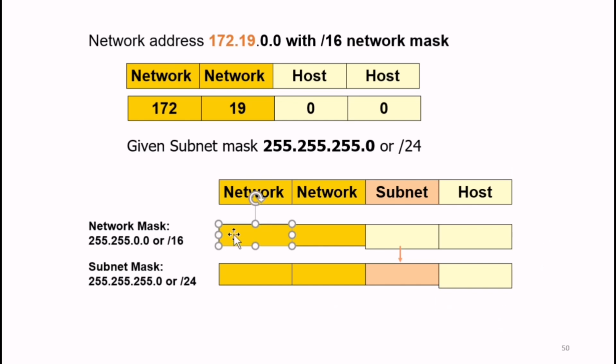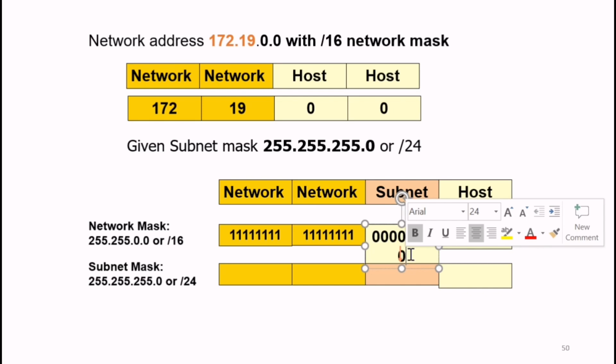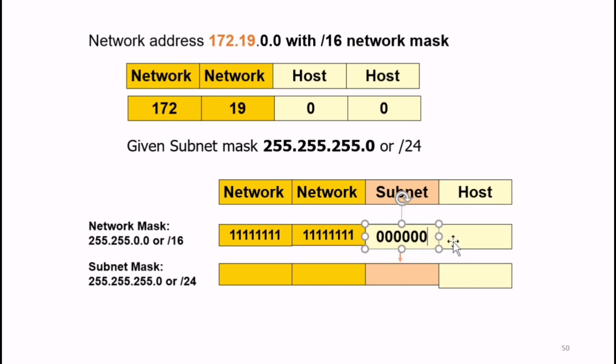First, you need to write down the network mask in binary, and then this is the host. This is the network mask, which is /16, meaning 2 octets.